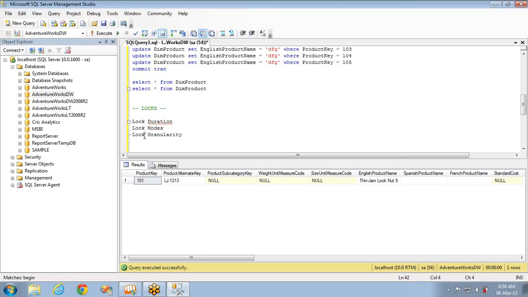Now it's lock, L-O-C-K. Let's see the lock modes that are available. Lock modes generally specify the different types or kinds of locks that are available. Mode means it's a type or kind. It always depends on our choice.